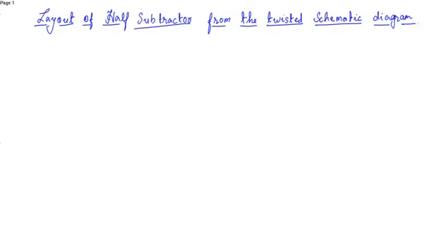Okay, so there are 6 PMOS and 6 NMOS. So first we'll draw the PMOS layer.